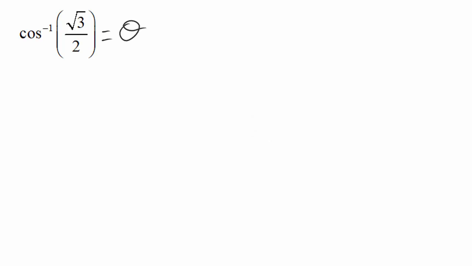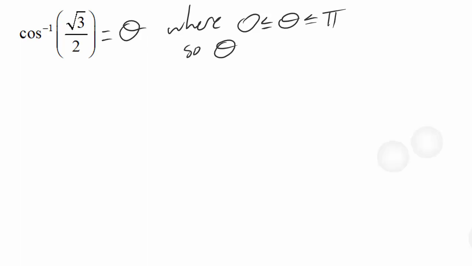We have restrictions for inverse cosine, and that is where theta is going to be between 0 and pi, which means our angle theta is in either quadrant 1 or quadrant 2. So we're going to keep that in mind as we go through and do our work here.